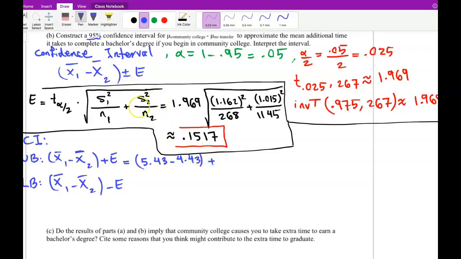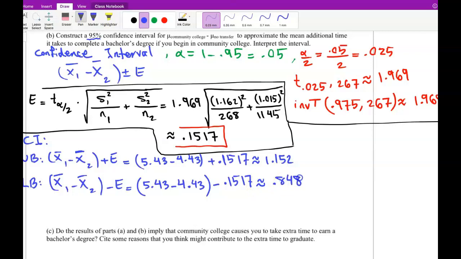Then add E as 0.1517. Writing same thing here for lower one. The only difference, now we're subtracting margin of error. Okay, so for upper bound we have 1.152 and for lower bound is 0.848.